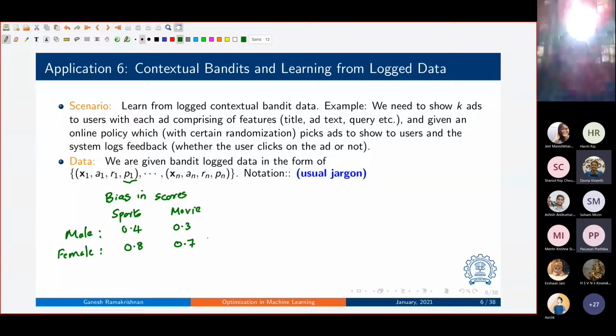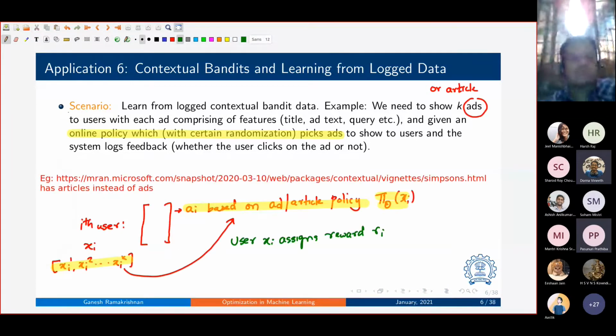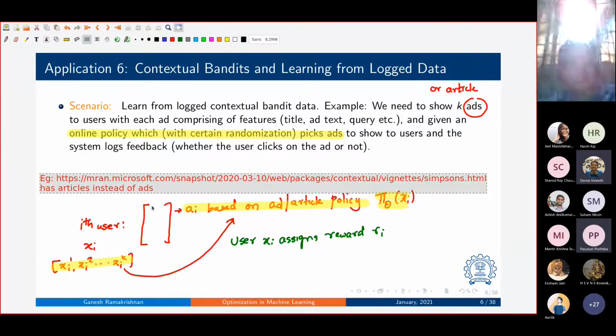So there's a bias in the scores, and we need to do something to estimate a model such that the bias in the preferences is removed. How do we design an objective function to handle this is the question. Is it clear? So given this bandit log data, and again referring to this particular example.